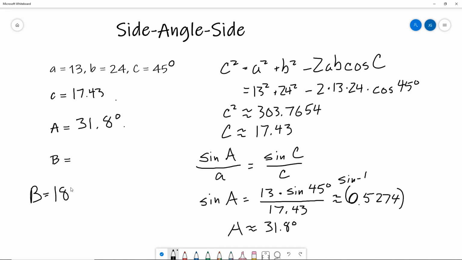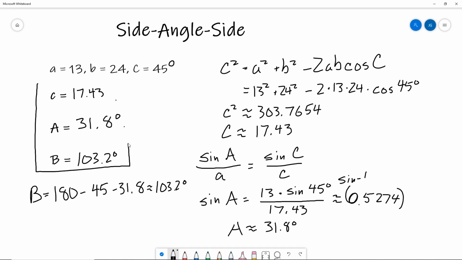So B is going to be 180 minus 45 minus 31.8, and that's going to give me a value of approximately 103.2 degrees. And there we go. Done right there. Easy peasy. And that's my solved triangle at this point.